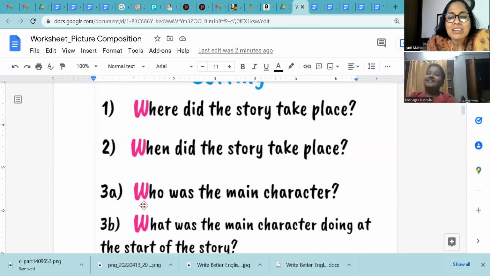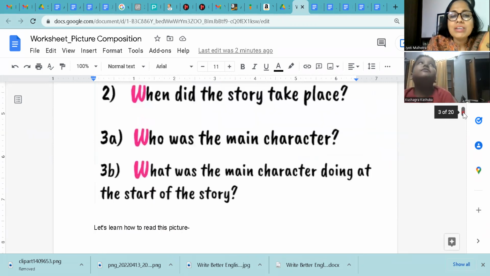What was the main character doing at the start of the story? What was she doing? See? She was the first person taking her food. So she was queuing up actually. She was queuing up to buy her food, and her turn has come now. Maybe she had been standing for quite some time, but her turn has come now.